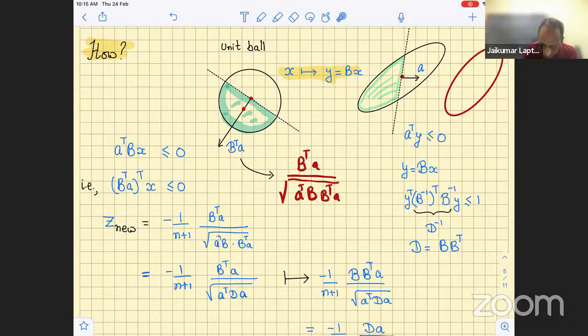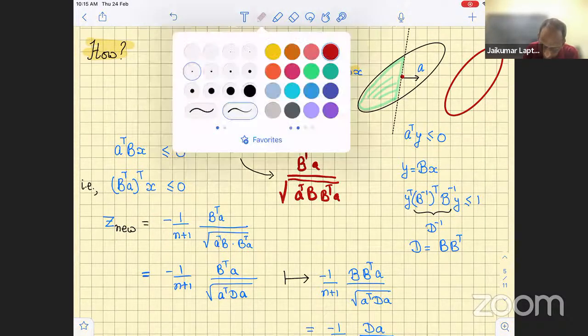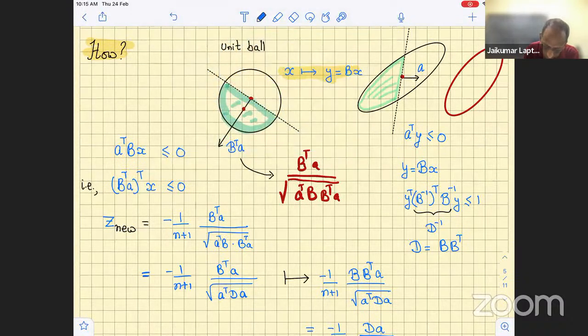This direction, A, was going away from the ball that I want.